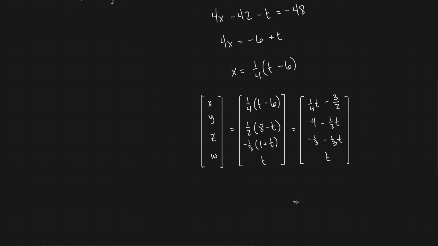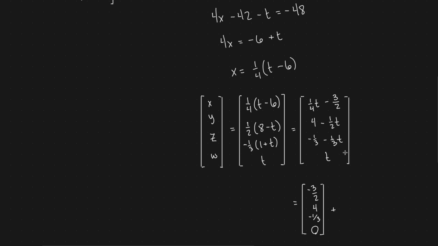And I'm going to break this into two pieces. One vector that doesn't have any t's, so that's negative 3/2, 4, negative 1/3, and 0. I don't have any terms without a t there.